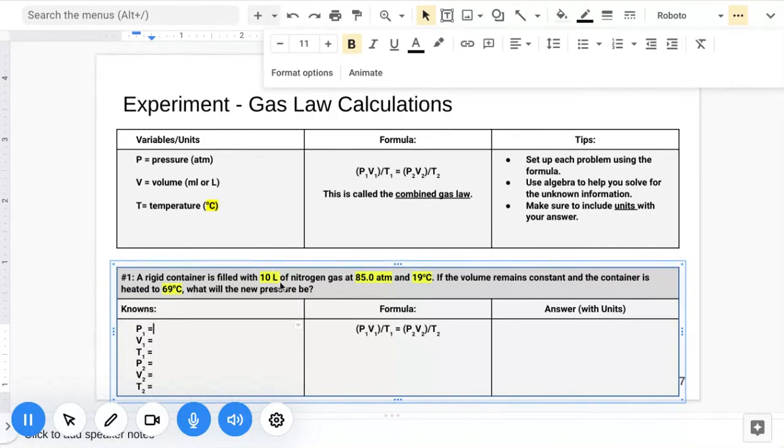Liters is volume, and so we're going to copy the 10 liters down here where it says initial volume. The nitrogen gas is at 85 atmospheres. So atmospheres is pressure. We're going to copy that number here next to the pressure. And then 19 degrees Celsius, and that must be the temperature.